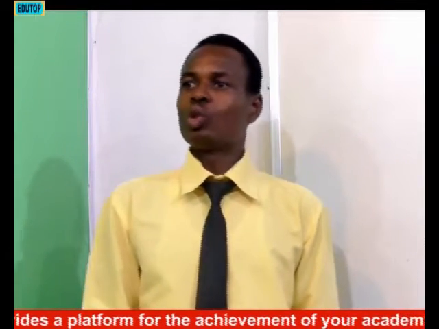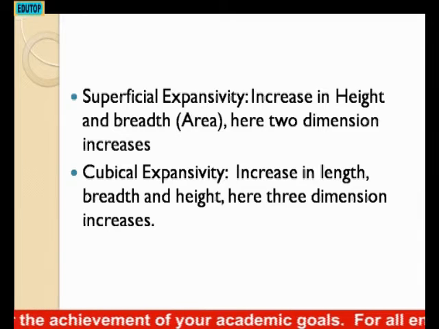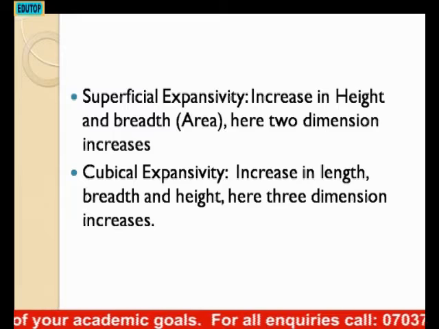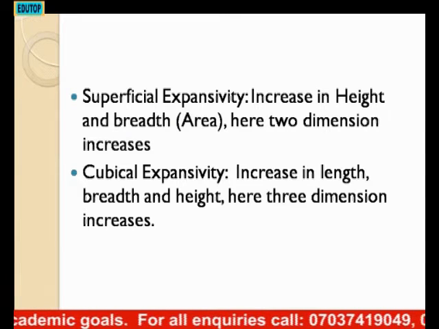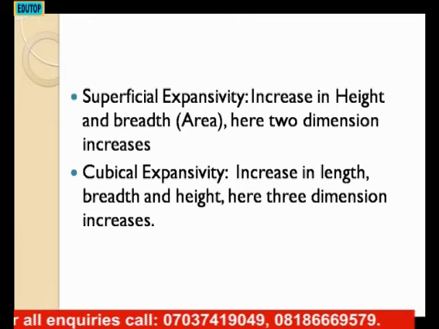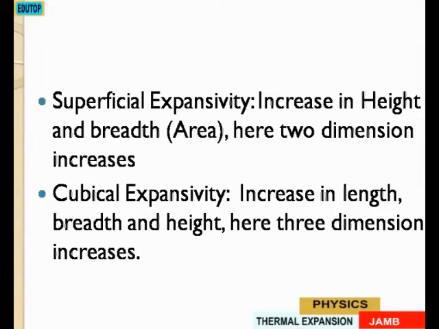Then we have what we call superficial expansivity. For superficial expansivity, this is increase in height and breadth. We also call it area expansivity or area expansion. In this kind of expansivity, 2 dimensions increase, either height and breadth. That is area expansivity. Thirdly, we have cubical expansivity.